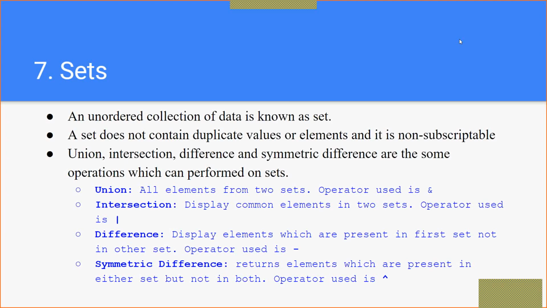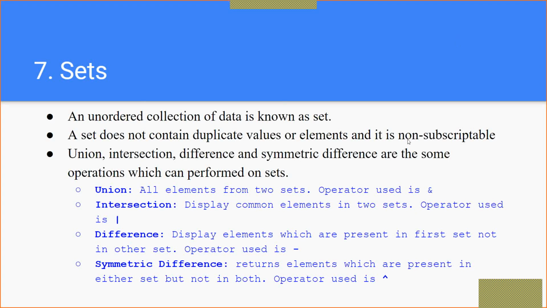An unordered collection of data is known as a set, and it does not have duplicate values. Just keep that in your mind, because in a list or another data type the values can be duplicate, but here the values are not duplicate. So a set does not contain duplicate values or elements, and it is non-subscriptable. This is most important.